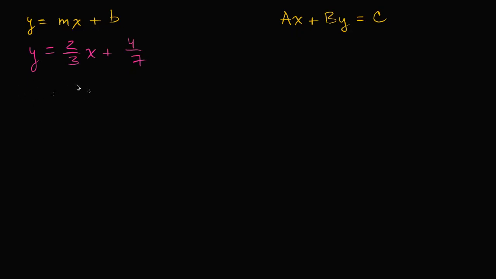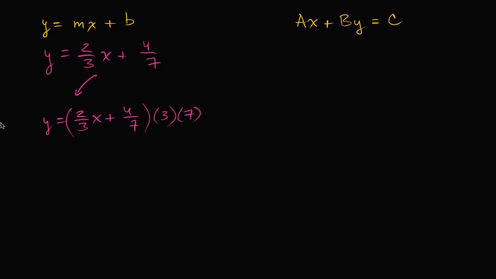One way to do it, we start with y is equal to 2/3 x plus 4/7. If I multiply this side by 3 and I multiply by 7, I have to do that to this side as well. So this is going to be multiplied by 3 and multiplied by 7.